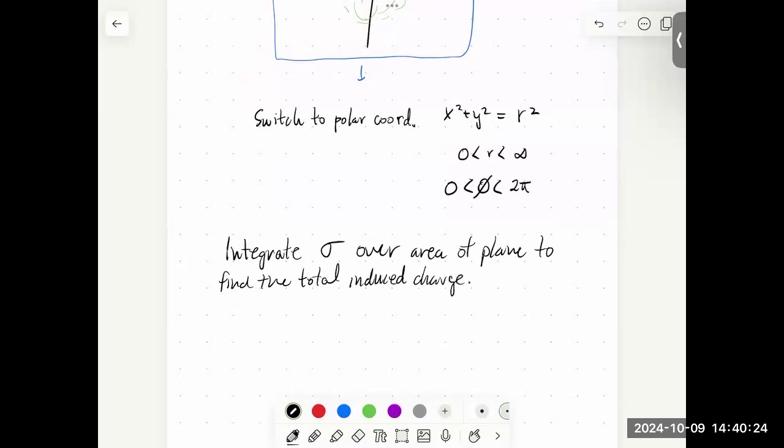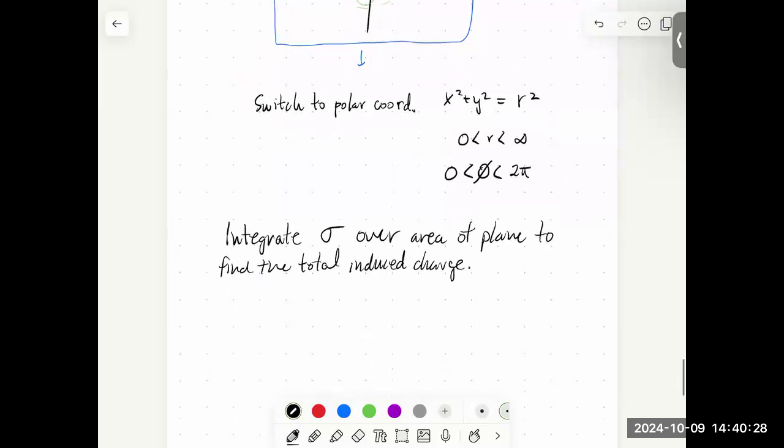What do you think the answer is going to be? Yeah, let's see what happens. So the calculation we're going to do is Q induced is equal to the integral of sigma dA, and we're going to integrate over our plane.